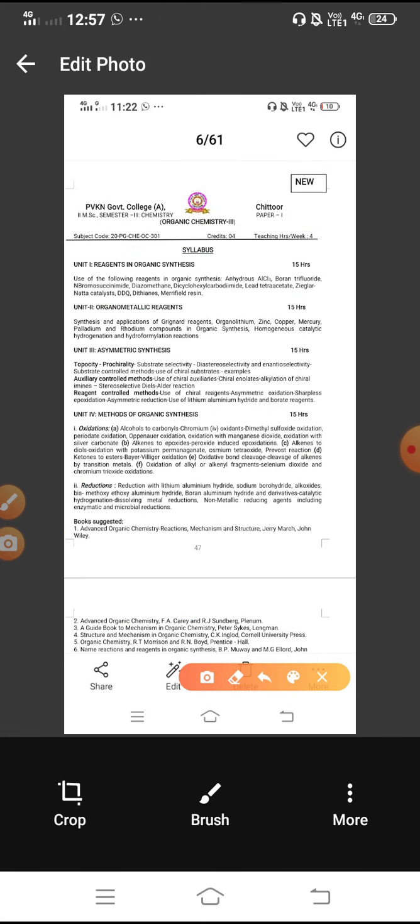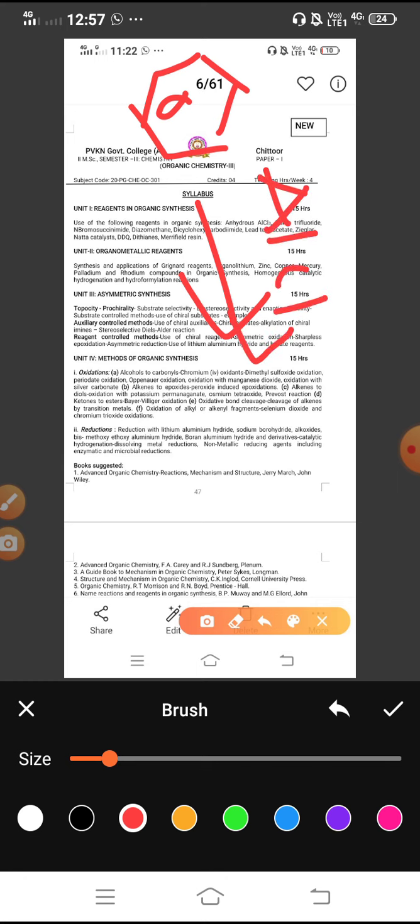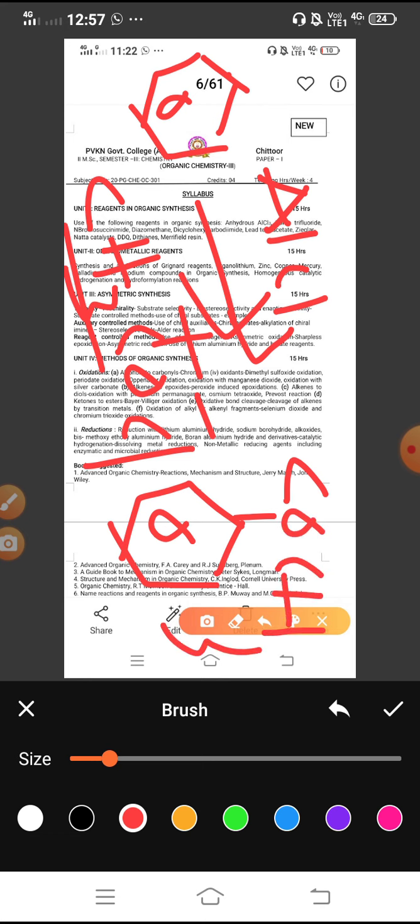Next, Friedel-Crafts acylation, which is the same: benzene and anhydrous AlCl3 with CH3COCl. This is acetyl chloride, giving CH3CO plus and Cl minus. This is the acylium cation, which is incorporated into the product COCH3, acetophenone.